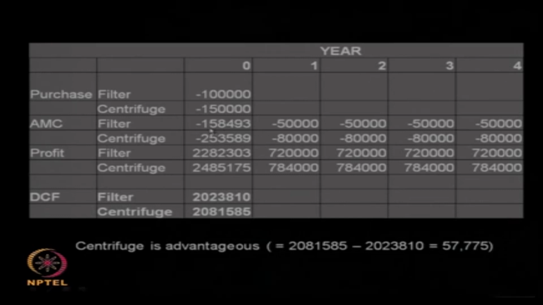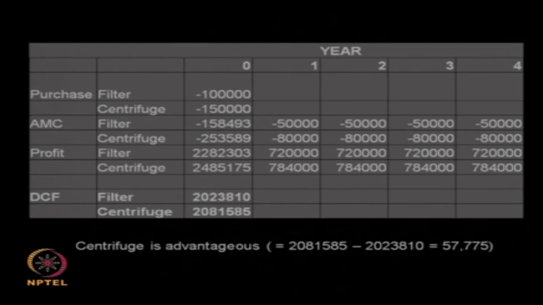So it comes down to 1,58,493. That means I will spend 1,58,493 on AMC for the filter. It is not 2 lakhs; if you add up 50,000 each year it looks like 2 lakhs, but in today's value it will be 1,58,493.